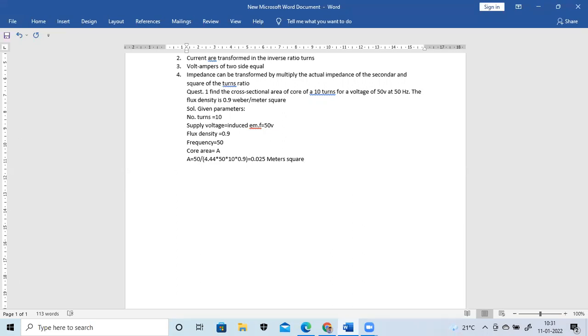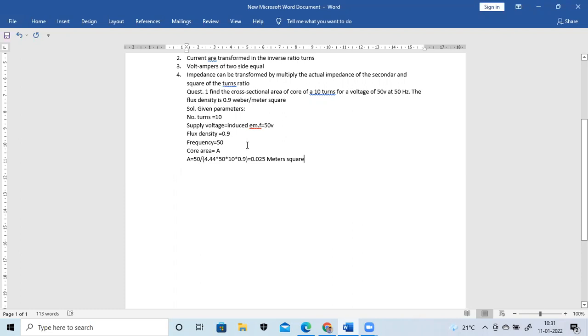The output of this master controller is the input of this slave controller. Anyone have a problem in this numerical? How can we approach it? Just a simple equation. Put in whatever parameters are given in the numerical into the induced EMF equation and find out the unknown quantity.